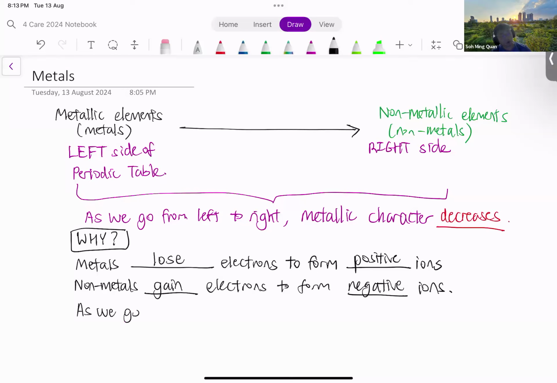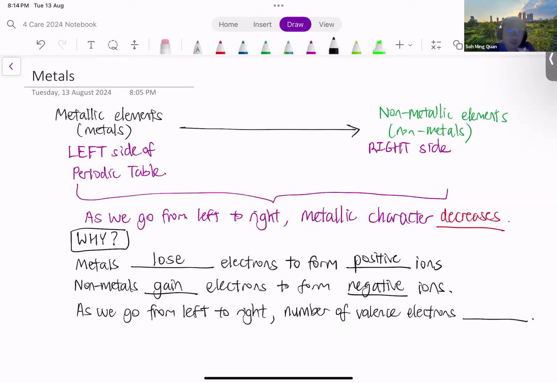As we go from left to right, left to right means from group 1 all the way to the other side. You can see that the number of valence electrons, what happens? As you go from left to right, group 1, sodium, 1 valence electron. Group 2, magnesium, 2 valence electrons. You move on, you realize the number of electrons in the outer shell increases.